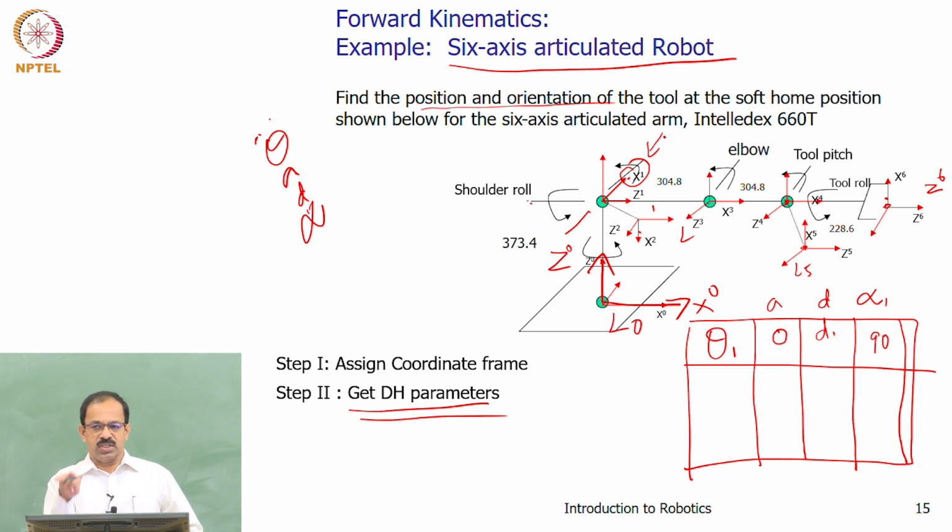Has it rotated clockwise or anti-clockwise? Clockwise. So it should be minus 90, right? If you look from x1, look from this. This is the original position, and it has rotated like this. Looking from here, it has rotated in the clockwise direction, right?